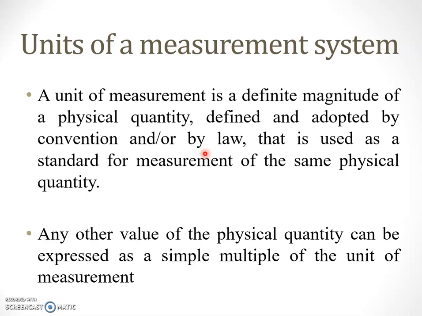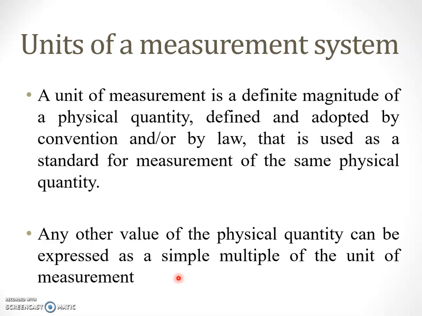So we can say 10 meter, or we can measure as 9 meter. That means any other value of the same physical quantity can be expressed as a simple multiple of the unit of measurement. That is, if meter is the unit of length, we can measure anything as a multiple of meter.